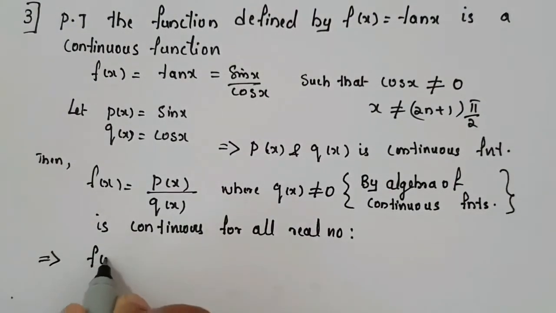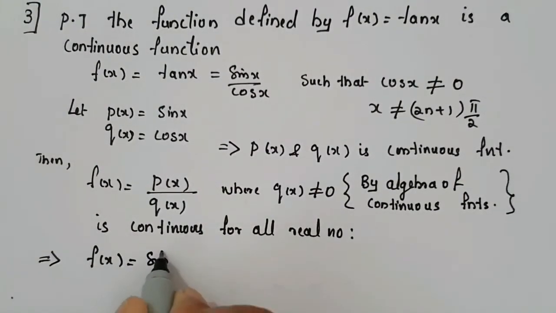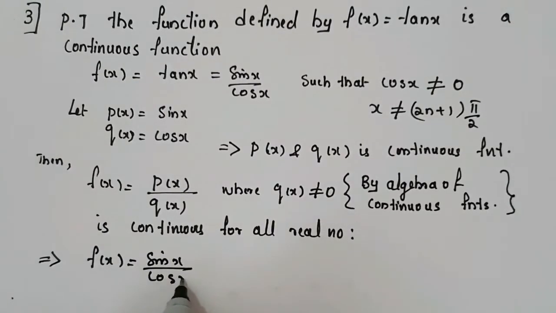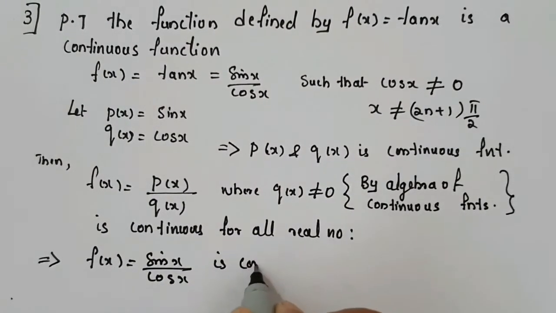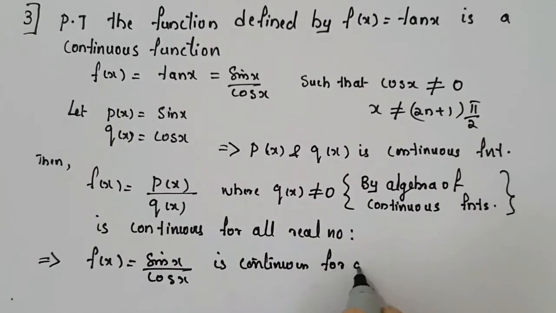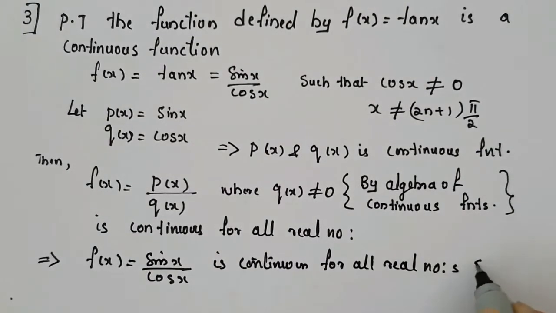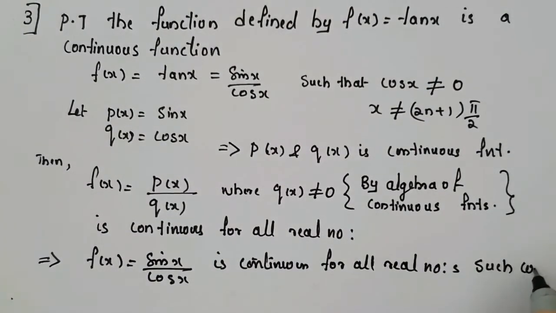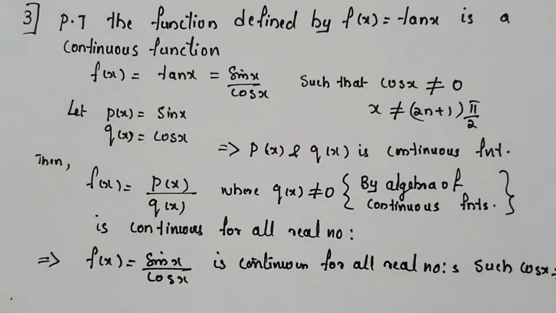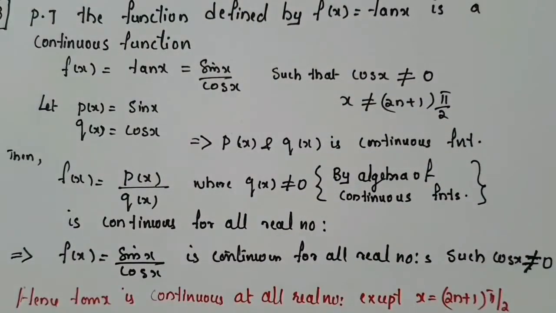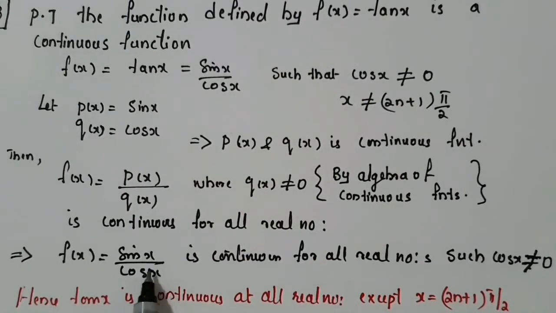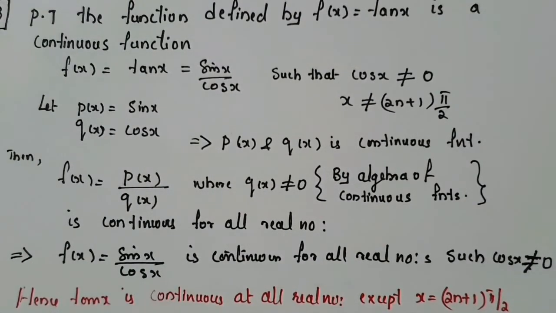This implies f of x equal to sin x by cos x is continuous for all real numbers such that cos x is not equal to 0. Hence, tan x is continuous for all real numbers except x equal to (2n plus 1) times pi by 2.